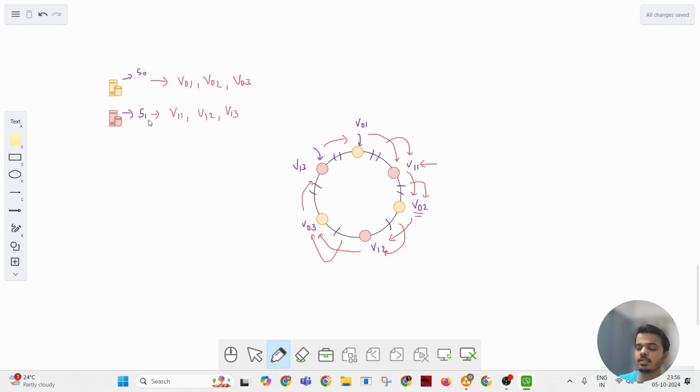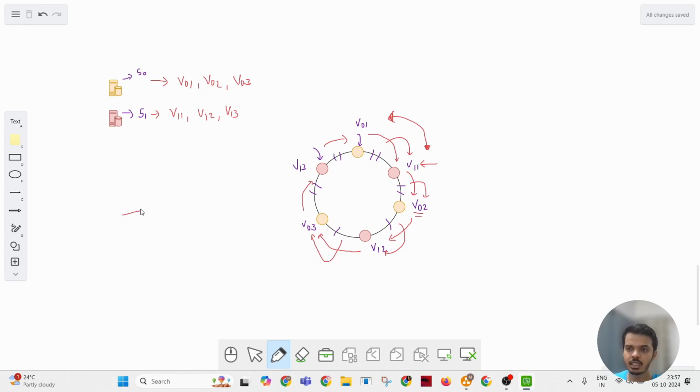Now what is the advantage of doing this? No particular server will get keys from one particular region only. Without virtual nodes, a particular server was getting keys from a single region only, but here virtual nodes are distributed all along the ring. So a server will get keys from the complete ring, not one particular region. This is the advantage.